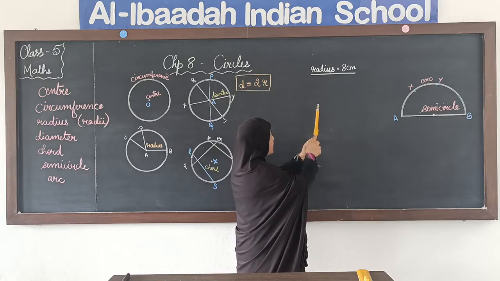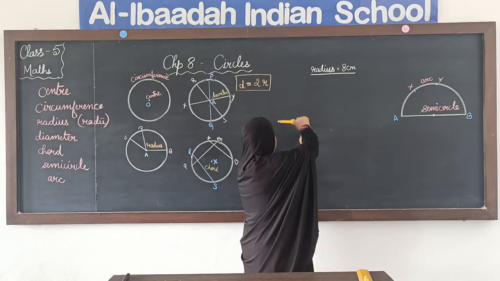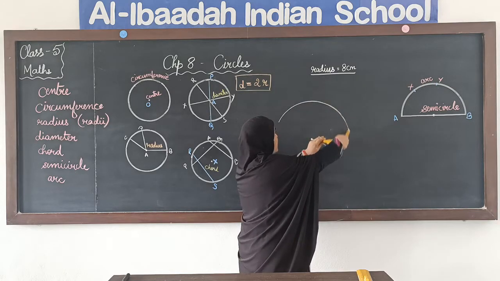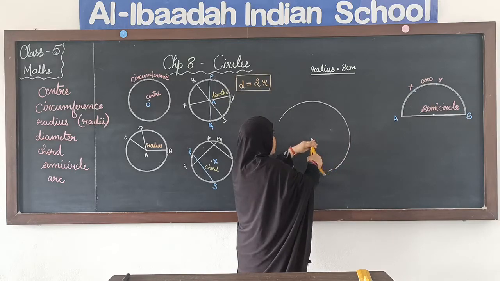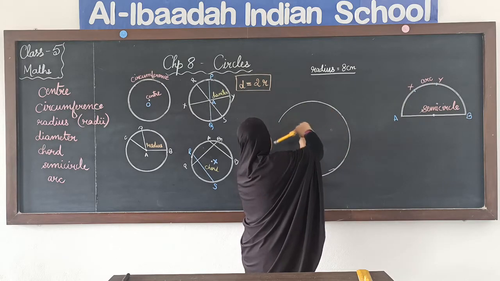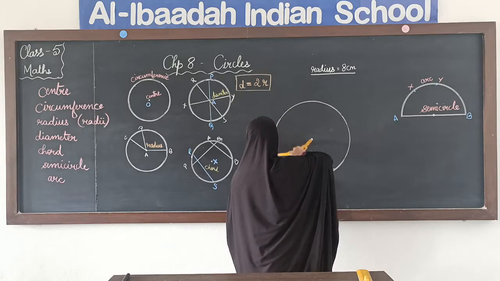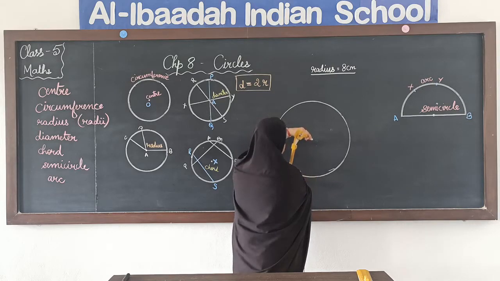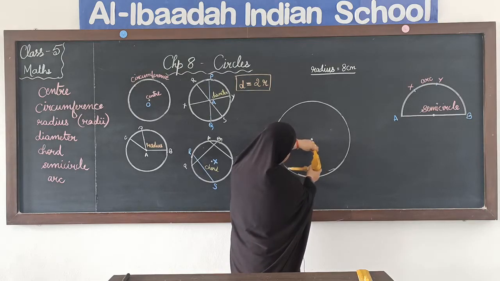I have kept the metal end fixed at the center, and I will move the other arm around to form a circle. Okay, this is how we form a circle.